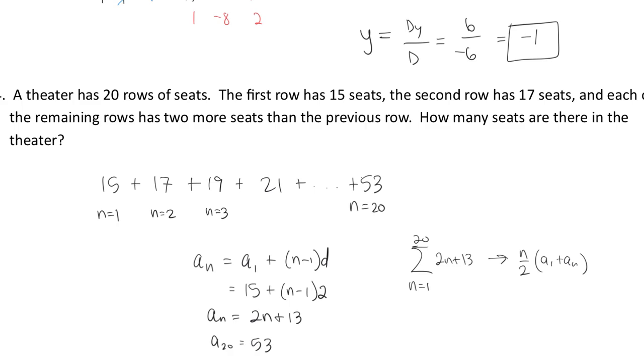This is the partial sum of an arithmetic sequence. N is the number of terms being added, so that's 20. The first term is 15 in the sequence. The last term in the sequence was 53. This is 10. And then 53 plus 15 is 68. So this is 680 seats.